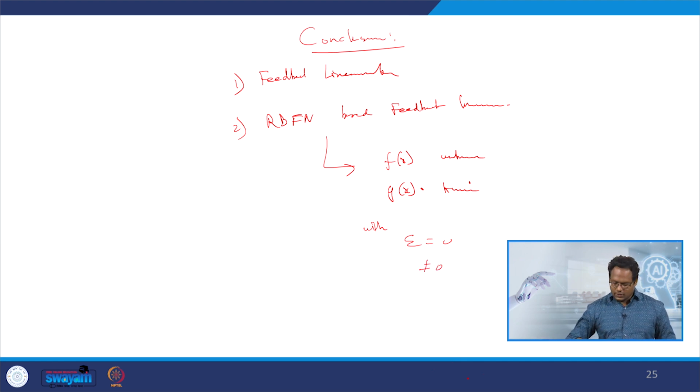Thus, I can say that I am going to conclude now this lecture in such a way that we have seen the introduction to feedback linearization control algorithm, and then we have moved to neural network based feedback linearization, where the neural network considered is a simple one hidden layer based RBFN, where we are approximating the unknown function f of x by the output response of the neural network, with the consideration of two cases.